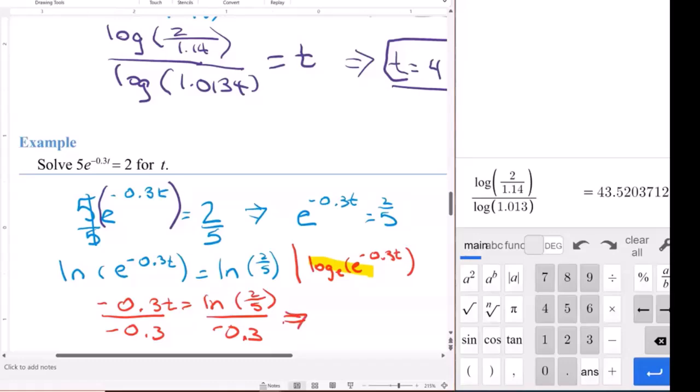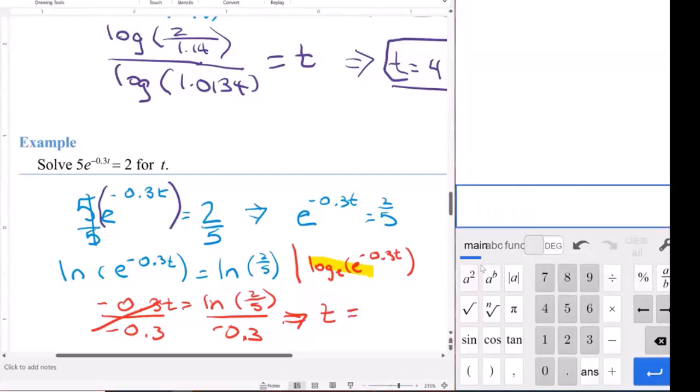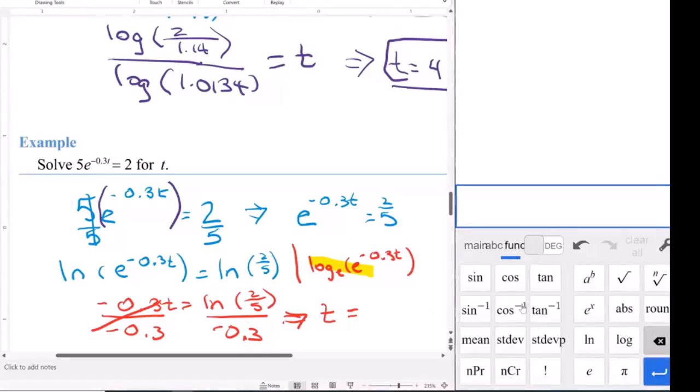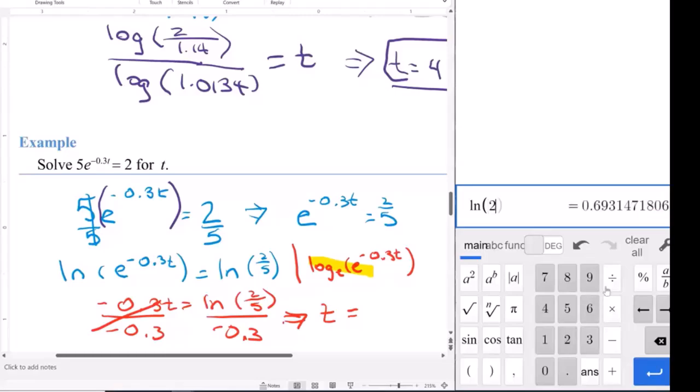And this cancels. I end up with t equals. And let's clear this. I really just put this into my calculator. I have ln of 2 divided by 5.